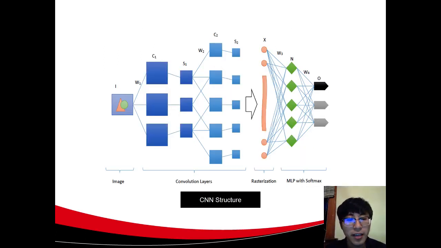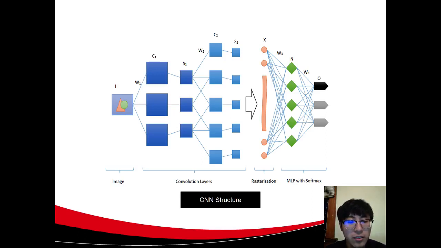In this slide, I will introduce the convolutional neural network structure. If the size of your input image is 28 times 28 and the filter is 5 times 5, your feature map will be 28 minus 5 plus 1, which is equal to 24.